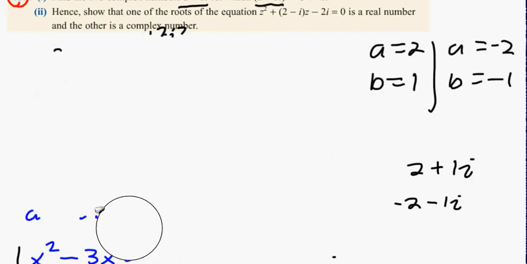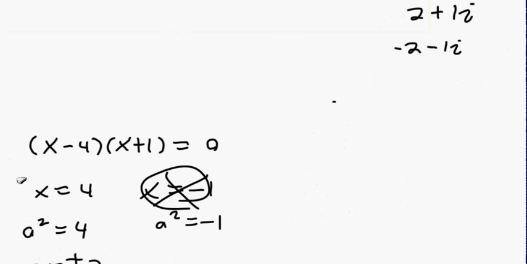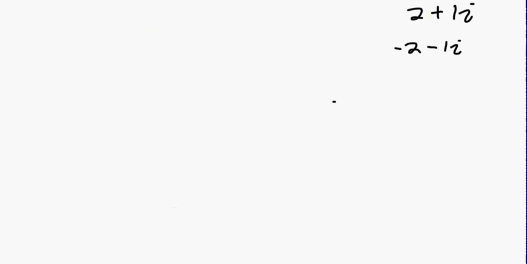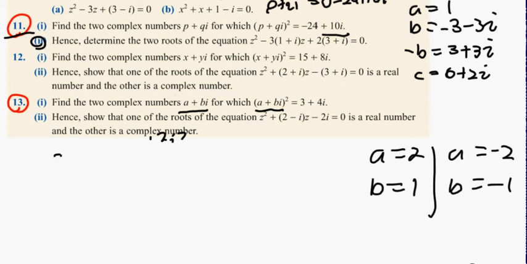Now that that's done, what's going to happen next is we're going to, hence using this answer here, show that one of the roots of the equation z squared plus (2 - i)z minus 2i is a real number and the other is a complex number. The roots.